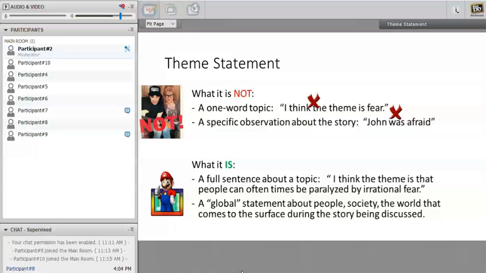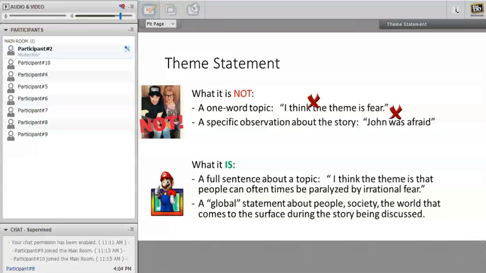So today, when you have the opportunity to state the theme in your little mini quiz, don't say a one-word answer, and don't say, this is what happened in the story, right? Okay, what a good theme statement is, it's a full sentence about the topic. So you should be able to say something like, I think the theme is that people can oftentimes be paralyzed by irrational fear.